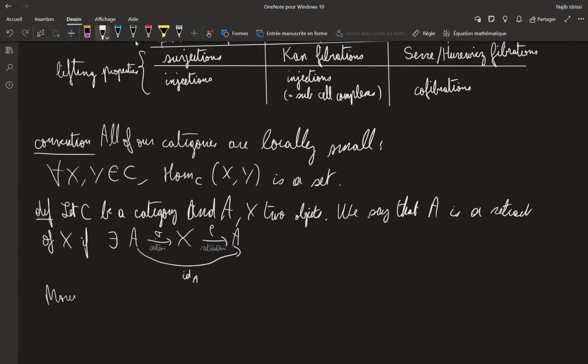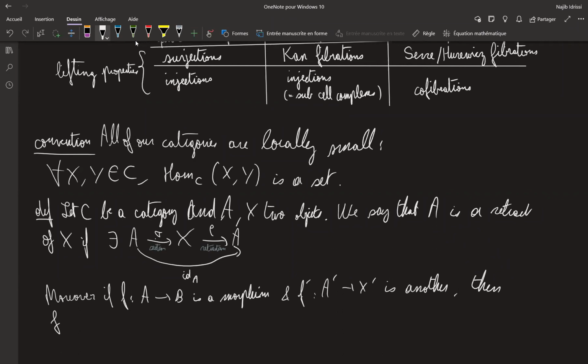And moreover, if f from A to B is a morphism, and let's say f prime from A prime to B prime, is another morphism.